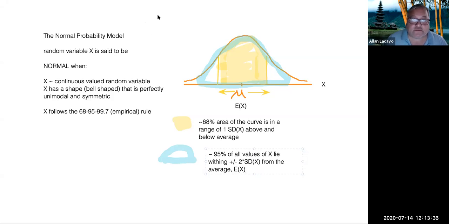In other words, if I go and look at this limit to this limit, I go this direction, and I look at this direction in blue, that is 2 standard deviations above average and 2 standard deviations below average.